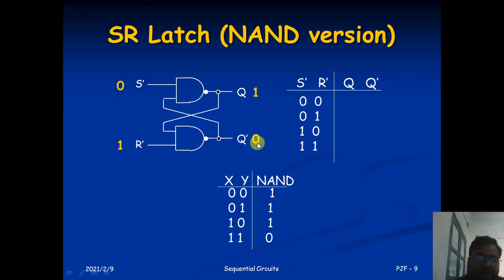So you can see that this will be the 0, and for 0 and 1 you are getting these values 1 and 0. Similarly, for the next case, this 1 and 0 is known as set. You are giving 1, so this is your set.